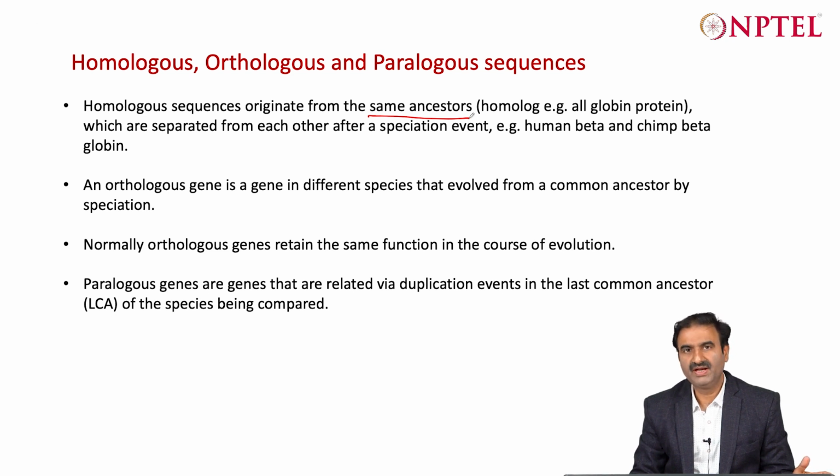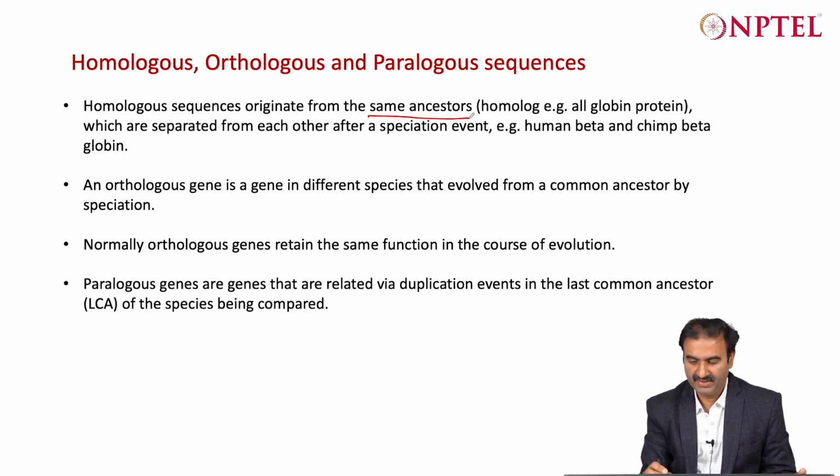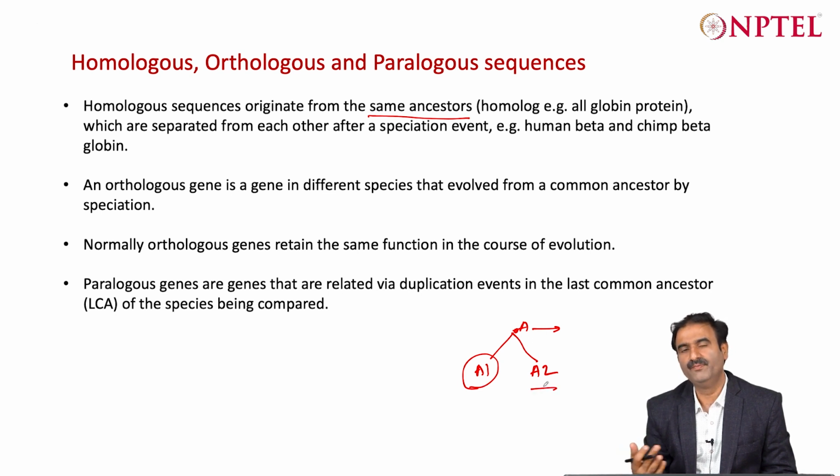And similarly paralogous genes. For example, there was one gene, and now A was doing one biological function. If it has become two copies, like paralogs, that means duplication within a genome. Now the A1 copy can do the function which A was doing, but A2 is free to do some other function, and it can evolve.